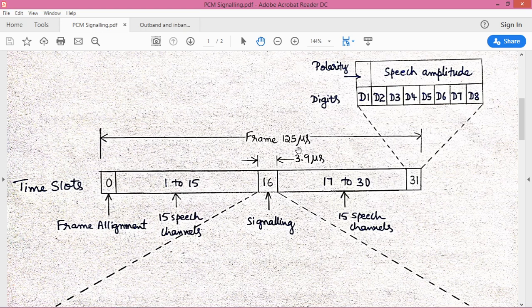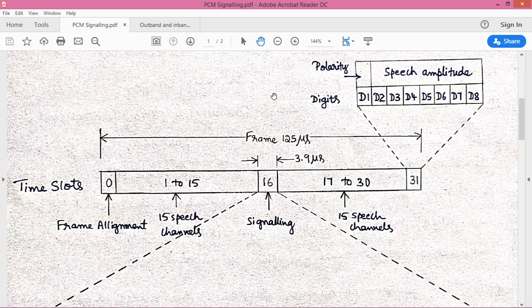So you should ask why 125 microseconds is exactly used by a particular PCM frame. This is because we are making use of a sampling frequency of 8 kilohertz. We know speech signal can vary from 300 hertz to 3.4 kilohertz. By including outband signaling, or with the insertion of control signals, the maximum level goes up to 4 kilohertz.